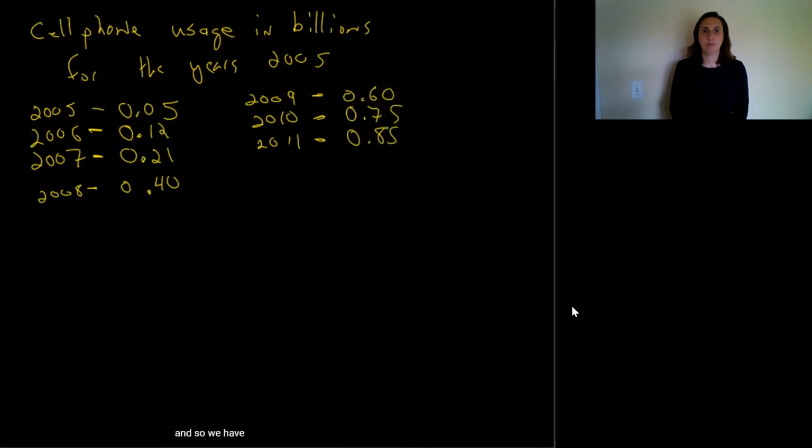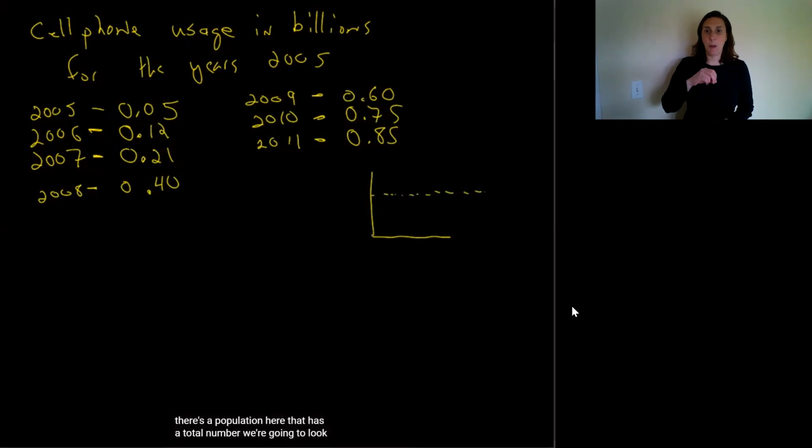And so we have cell phone usage for the number of cell phone users. Since there's a population here that has a total number, we're going to look at a logistic model.